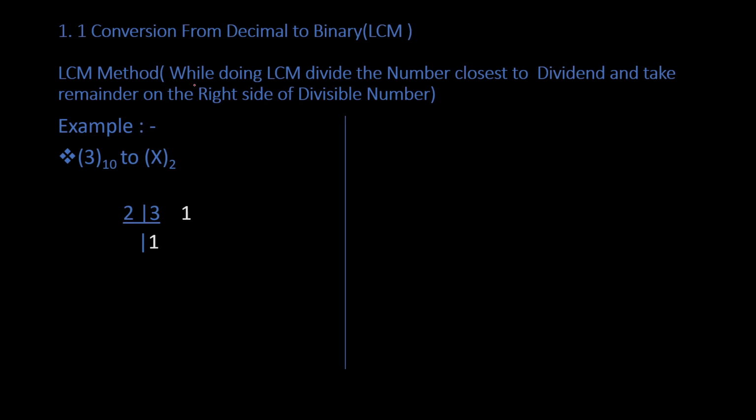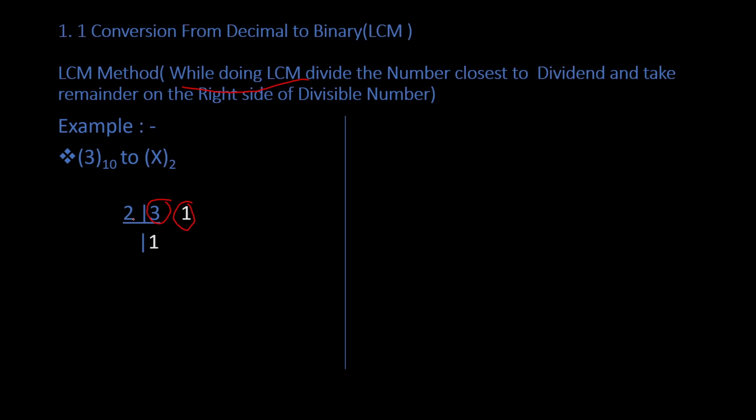As I have mentioned in the LCM method, we have to divide the dividend, which is 3, by the number closest to it, and take the remainder after dividing. Whatever the remainder is, we keep that on the right side of the divisible number.